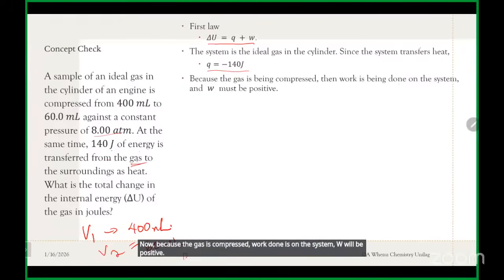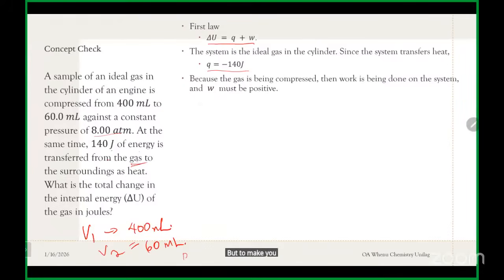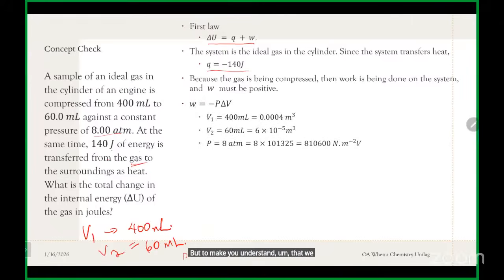But to make you understand, we always define W as minus P delta V, which is equal to minus P times (V2 minus V1). Our V2 is 60 mL, our V1 is 400 mL.